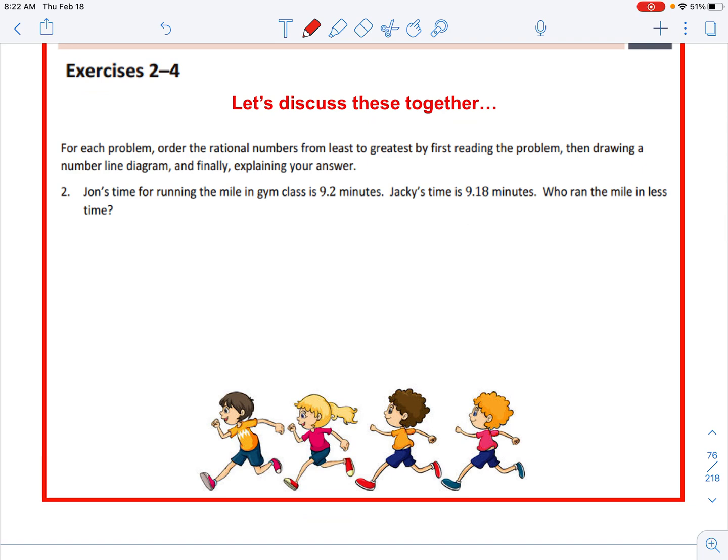Let's move on to exercise 2. It says John's time for running the mile in gym class is 9.2 minutes. Jackie's time is 9.18 minutes. Who ran the mile in less time? Well, if we had a number line, okay, and say I started with 8, 9, and 10, okay?